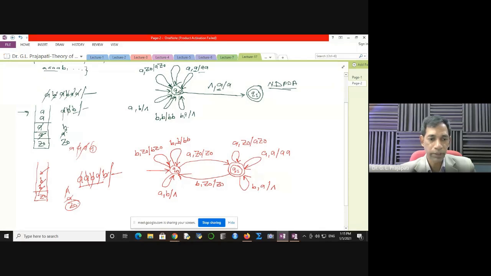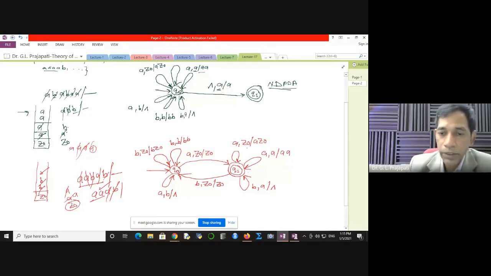If you have more A's, then once your input is exhausted, after finding this matching, the top will be A. But the question is that you will be in the state Q1 when your input is exhausted, and if it is a valid string, meaning you have more number of A's as compared with the number of B's, then your machine ends up in the state Q1, which is the final state.